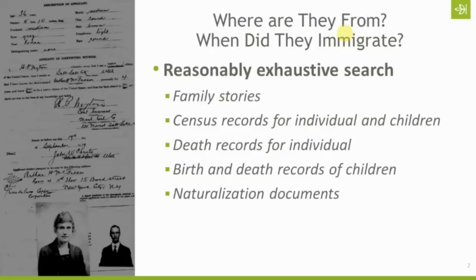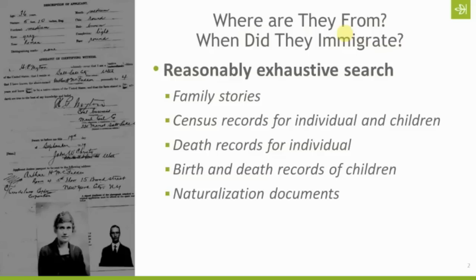Now, starting in the late 1700s, people in the United States could become naturalized citizens. And that naturalization process has changed over time, but there has always been some kind of paperwork created. And as time went on, that naturalization paperwork became more and more detailed, asking information about specific dates and places of birth, asking them to renounce loyalty to the particular government of the country that they came from.